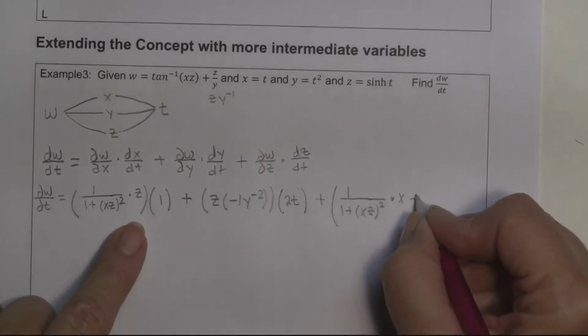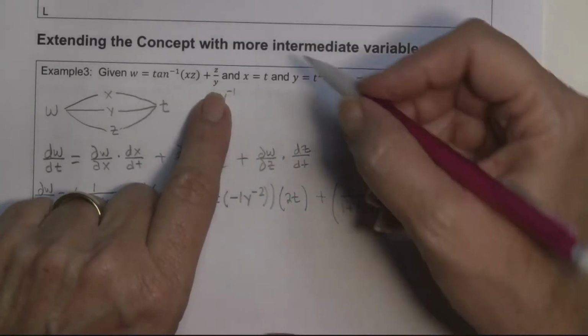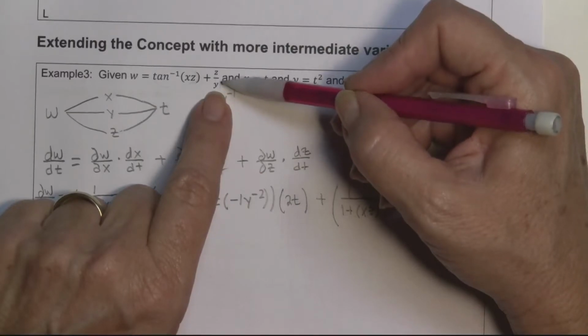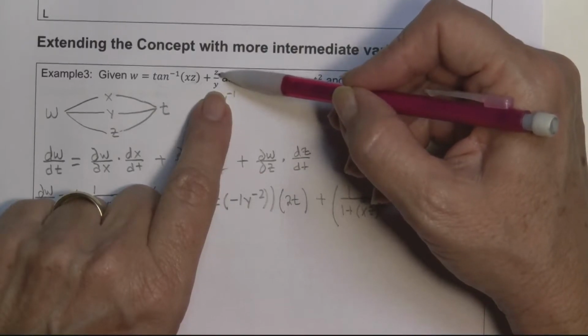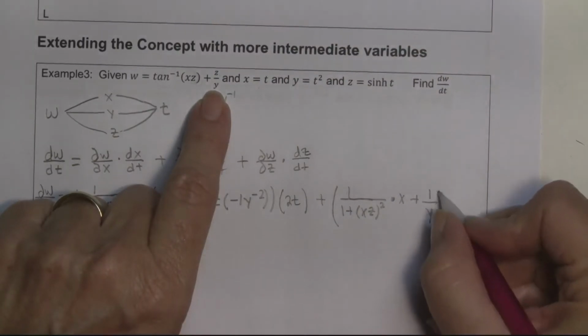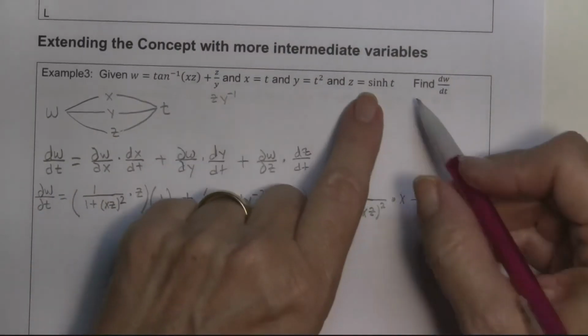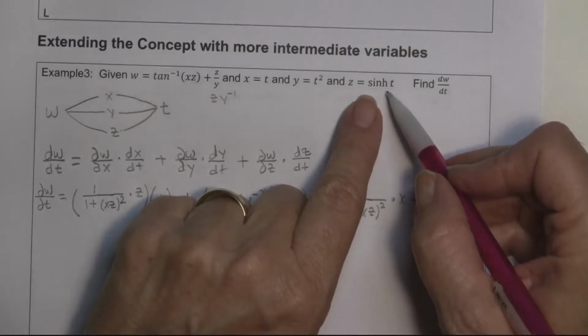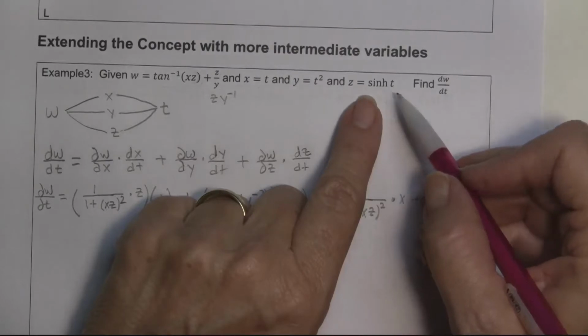And then plus, and then here, remember we're taking with respect to z, y is a constant, so the derivative of z is 1, so this would be 1 over y.